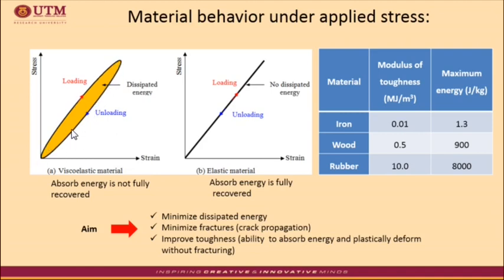Therefore, in order to reduce the material's susceptibility to damage, the dissipated energy by the material during each loading cycle should be minimized. Through rubberized asphalt mixture, the phenomenon of dissipated energy within the mixture could be minimized and fractures can be prevented from propagating within the material to cause specimen failure.